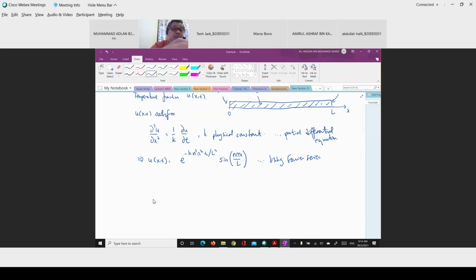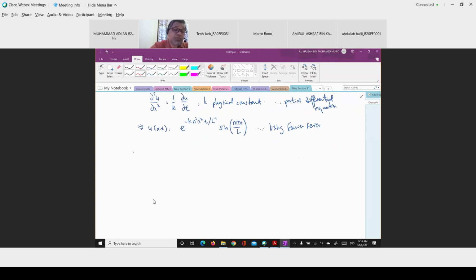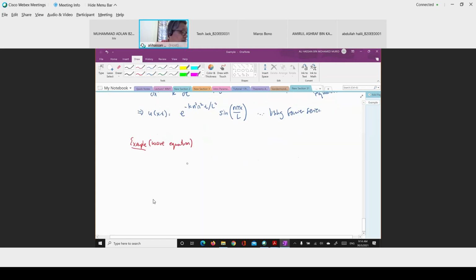Another example of application of partial derivatives is in the wave equation. The displacement y(x,t) from the x-axis satisfies the wave equation.